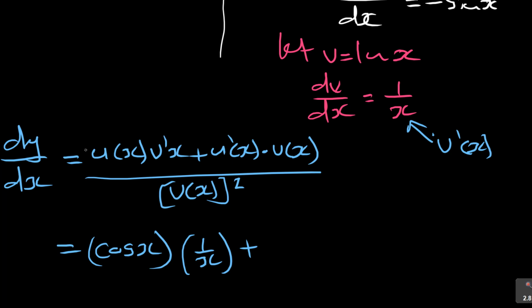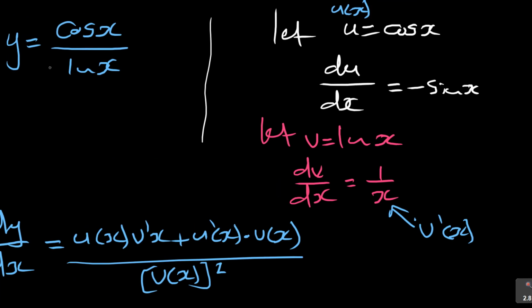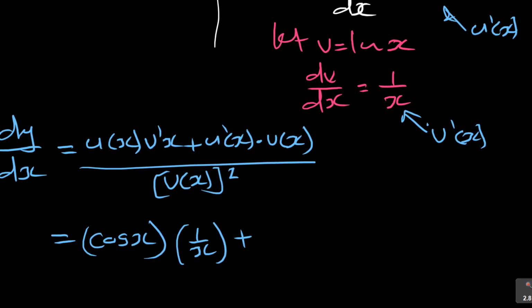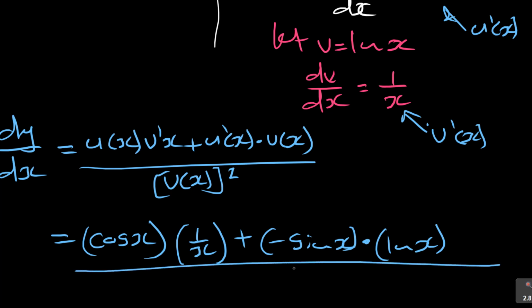Then plus u prime x, which is negative sin x, times v of x, which is ln x, and then all over v of x squared, which is ln x squared.